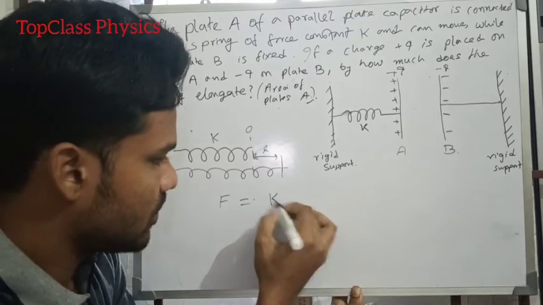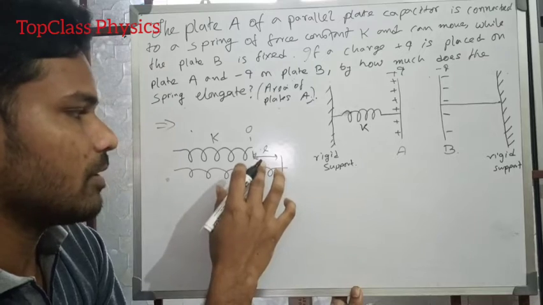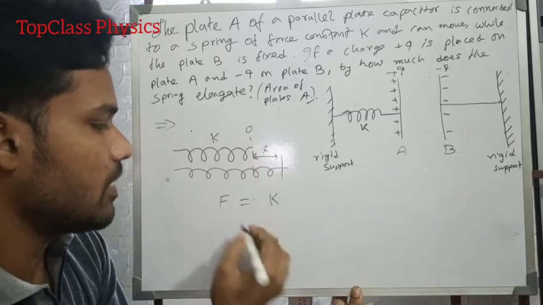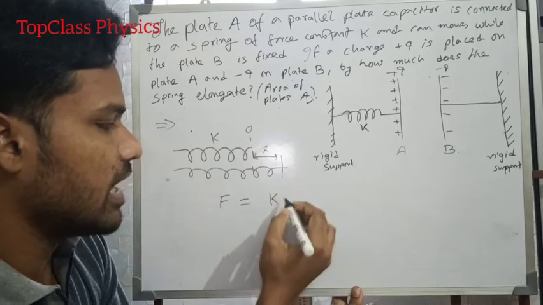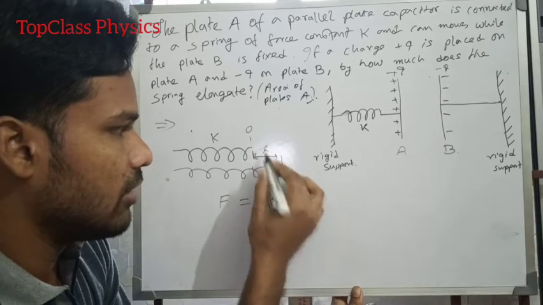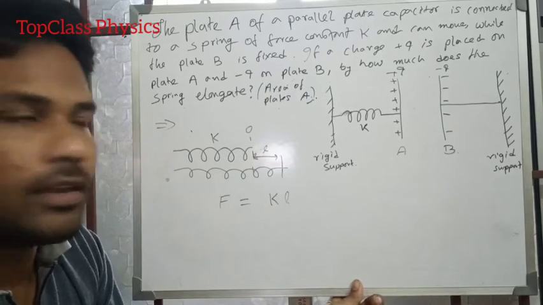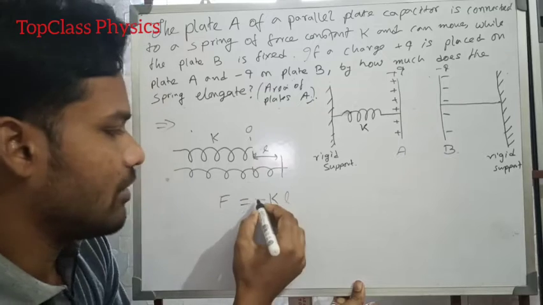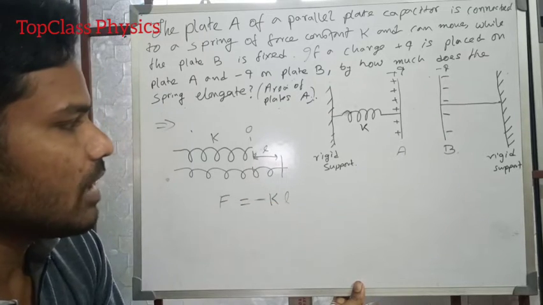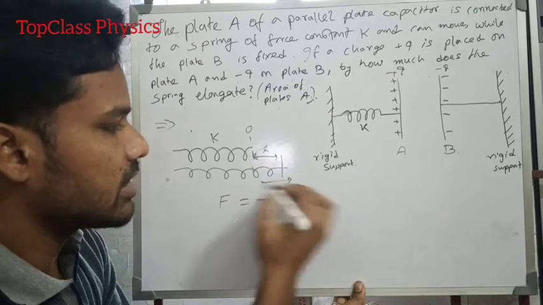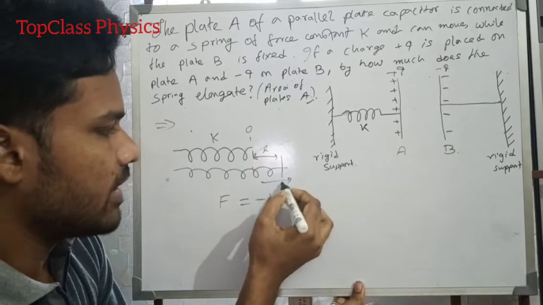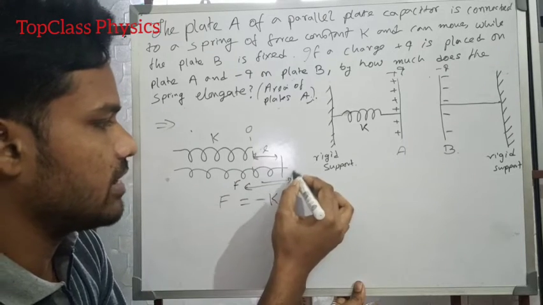So what is the force in this spring? The force is the spring constant K times the elongation, that is L, so F equals K into L, and a negative sign will come. Why the negative sign? Because if I elongate in this direction, the force is applied in the opposite direction.